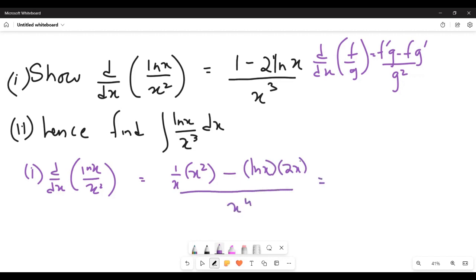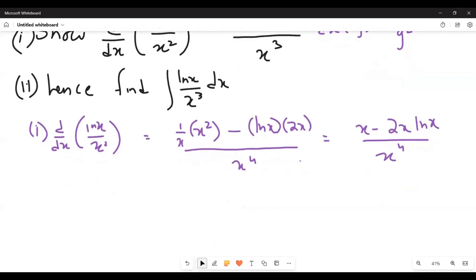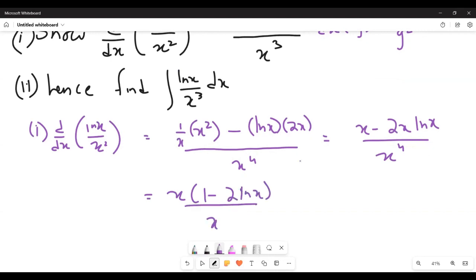So we get x minus 2x ln x upon x power 4. Why is x cube written on top? Okay, because they have taken x common and then cancelled it with the denominator. Take x common: 1 minus 2 ln x upon x power 4, which gives us the required form, 1 minus 2 ln x upon x cube.